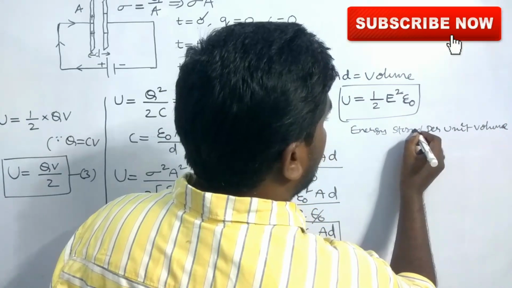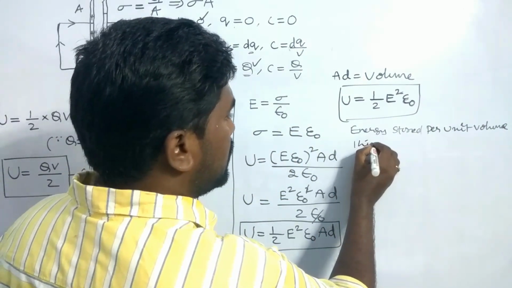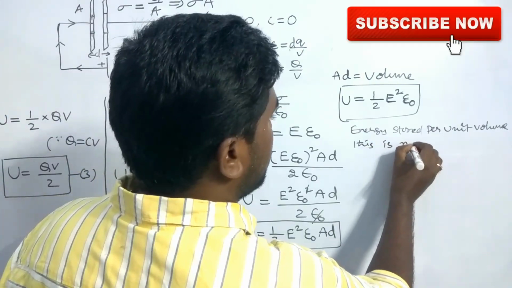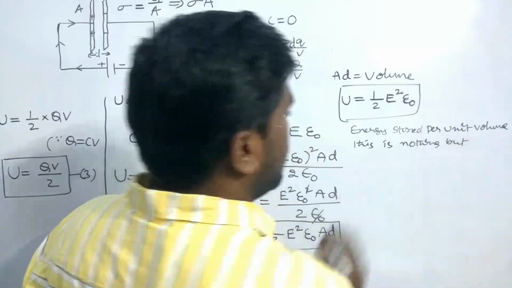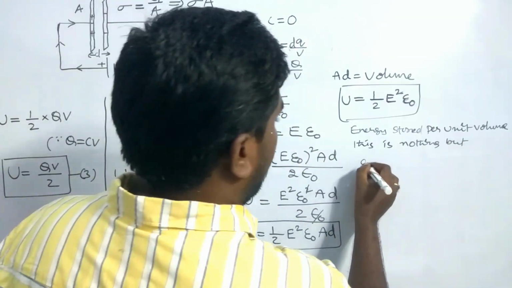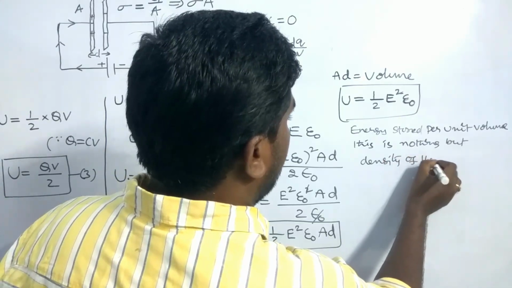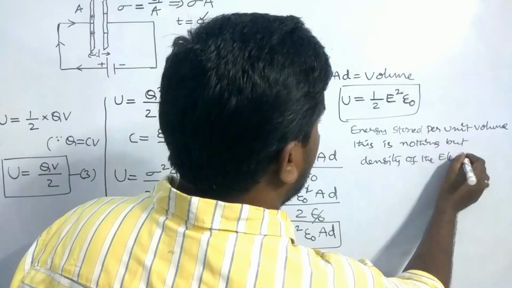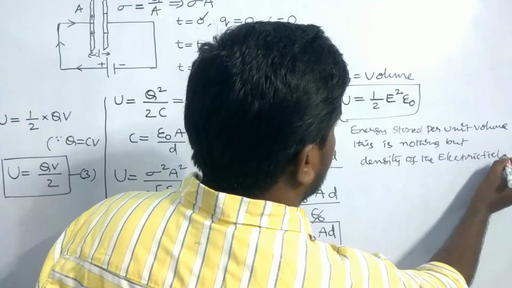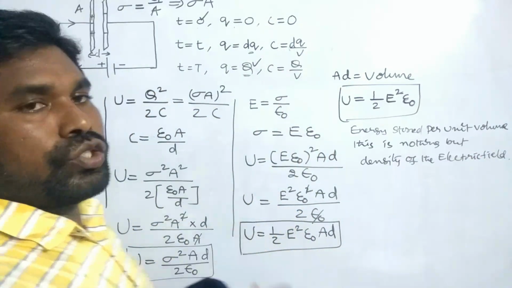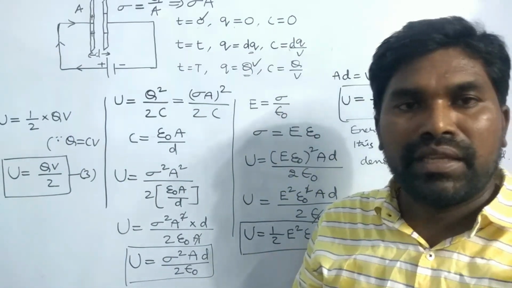This is nothing but the density of the electric field. So energy stored per unit volume is nothing but the energy density of the electric field.